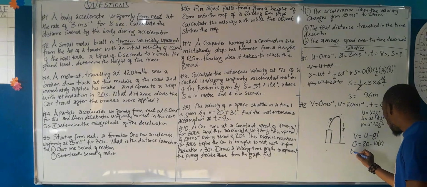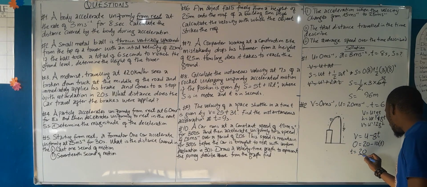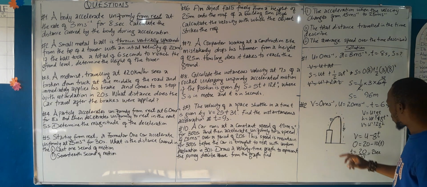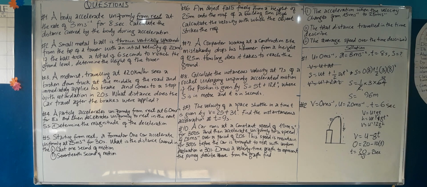So t equals 20 divided by 10, which is equal to 2 seconds. So we found the time from here to here, which is 2 seconds.